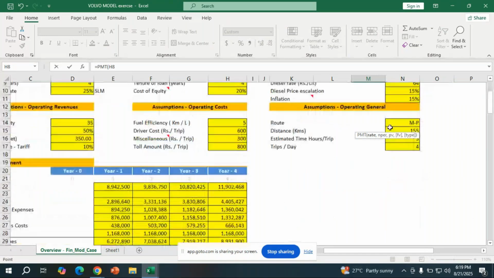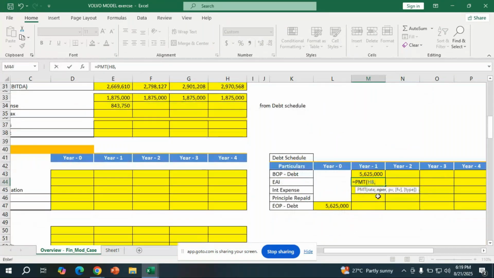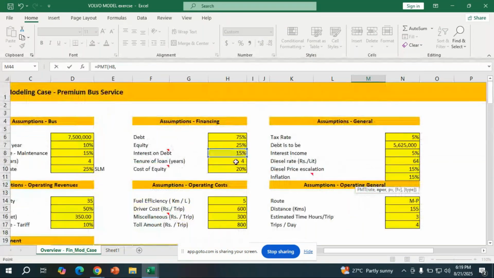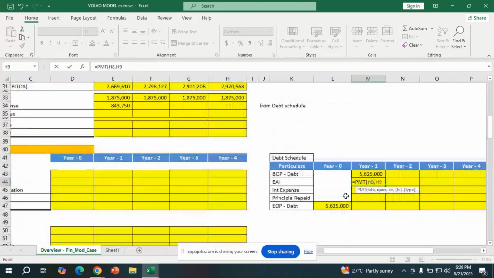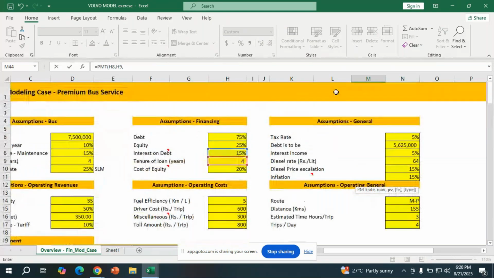Your rate of the loan is 15%. Okay, comma. Next is number of years. Number of years is below only. It is 4 years. Okay, comma. Next is present value. What is present value? Okay, so what is the present value of the loan? It is this. This is the loan amount.